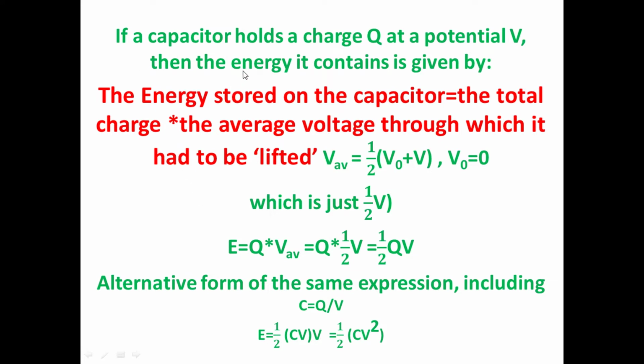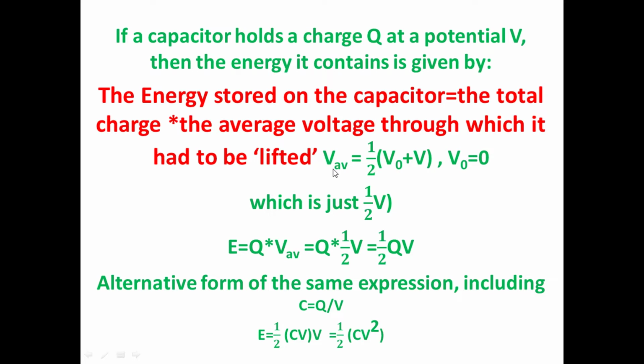If a capacitor holds a charge Q, and the potential difference is V, then the energy stored in the capacitor is equal to the total stored charge multiplied by the average voltage through which it is lifted, which means the average voltage.